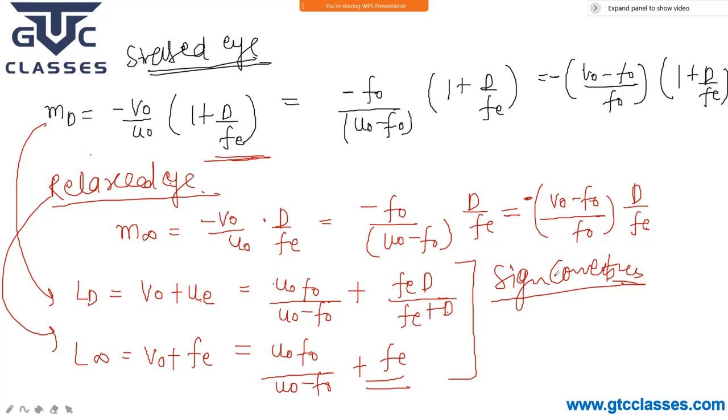Now the next part is, if you put L infinity here, in this, we get a very interesting formula which will be helpful for us to get many things. We will get M infinity equals L infinity minus Fo minus Fe into D divided by Fo into Fe.